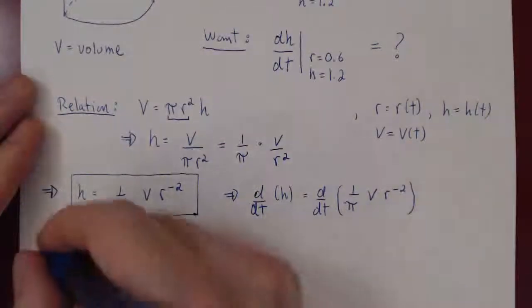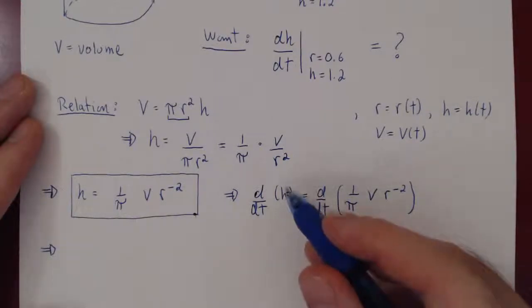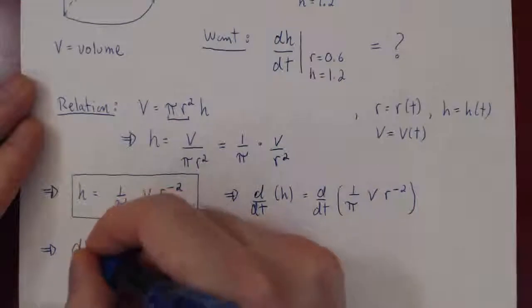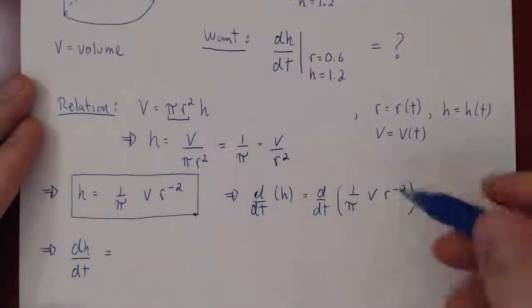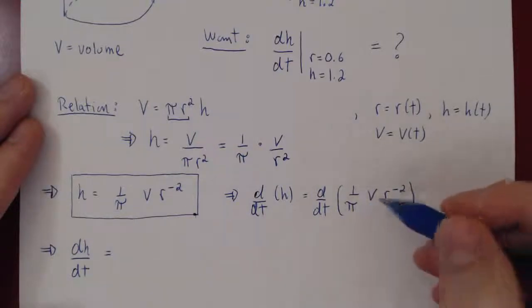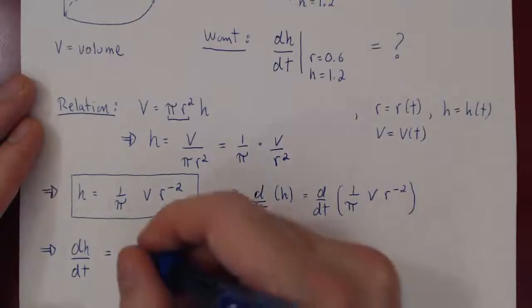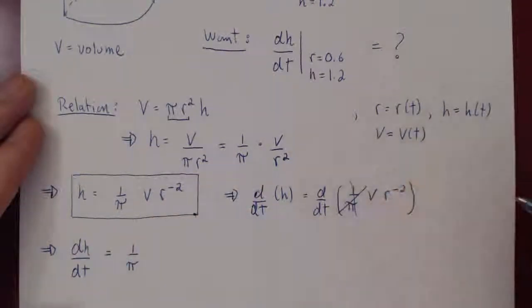Let's differentiate. The left-hand side is easy. It's just dh over dt. That is equal to, well, here we have 1 over pi times this, but as we've said before, 1 over pi is a constant multiple, so we'll just stay 1 over pi. So that takes care of that.